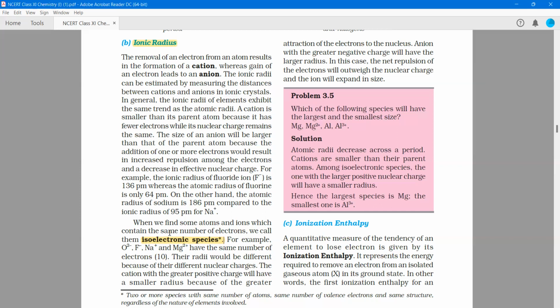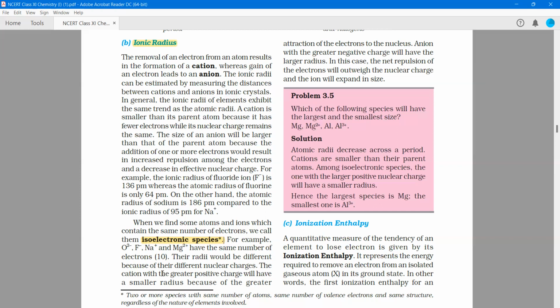They all have the same number of electrons, and that is equal to 10 if you count. Then you get to know that in all these four ions, the number of electrons is 10. But though they have the same number of electrons, their radii will be different. Why will the radius be different? Anyone can ask me that these species have the same number of electrons, so the radius of the atom or ion should be similar.